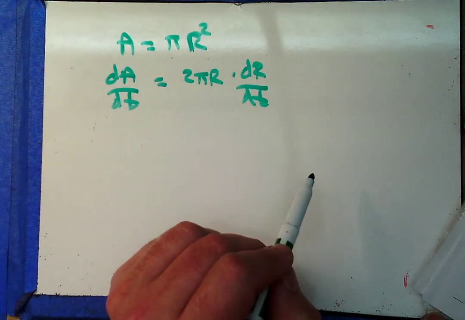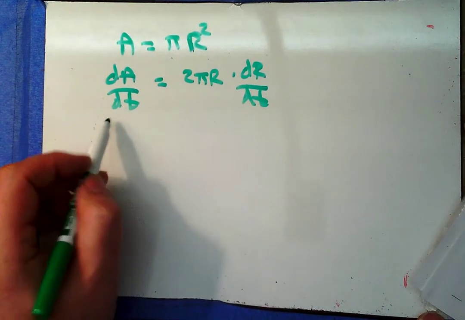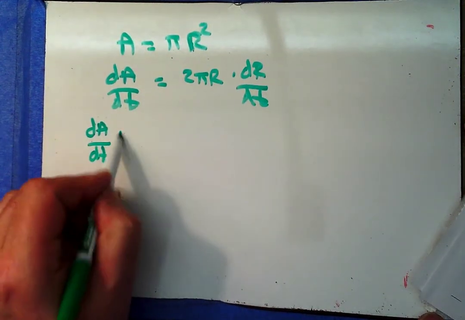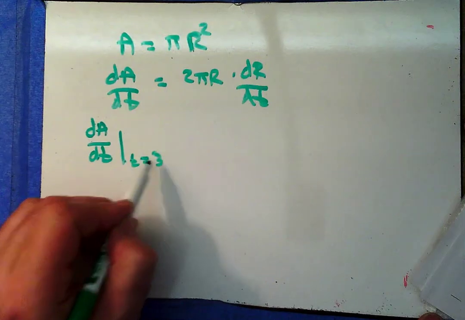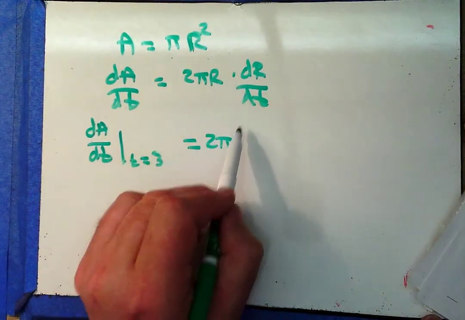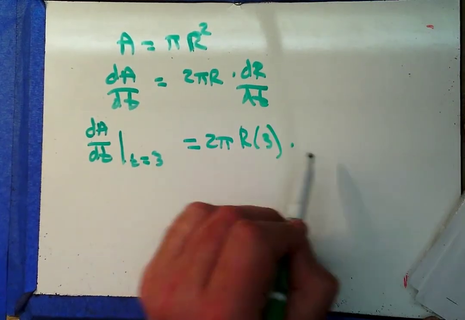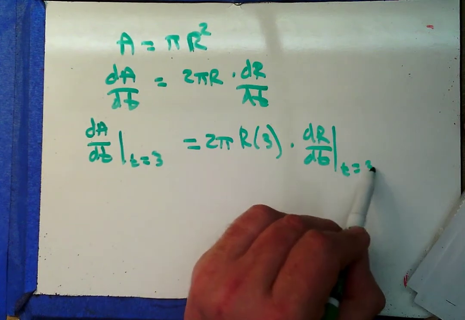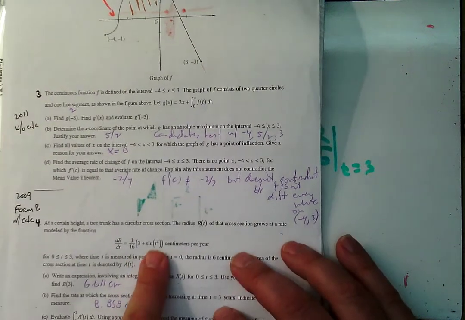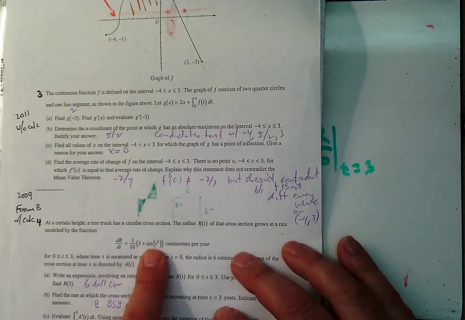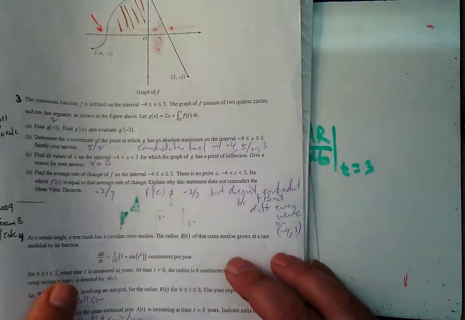Okay, so we want to know what dA dt is when t equals 3. So that's going to be 2 pi r of 3 times dr dt evaluated at t equal to 3. So to find dr dt at t equal to 3, I have to plug a 3 in there. Again, I don't know what the sine of 9 is. I'm going to be using my calculator to figure that out.